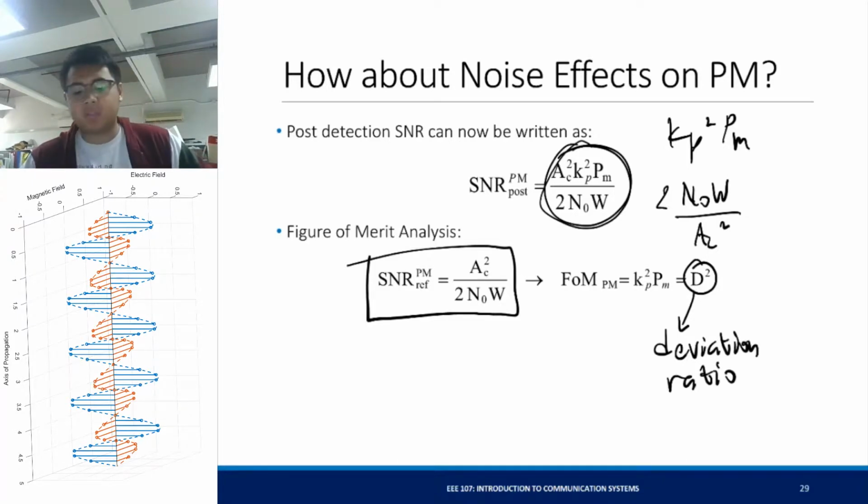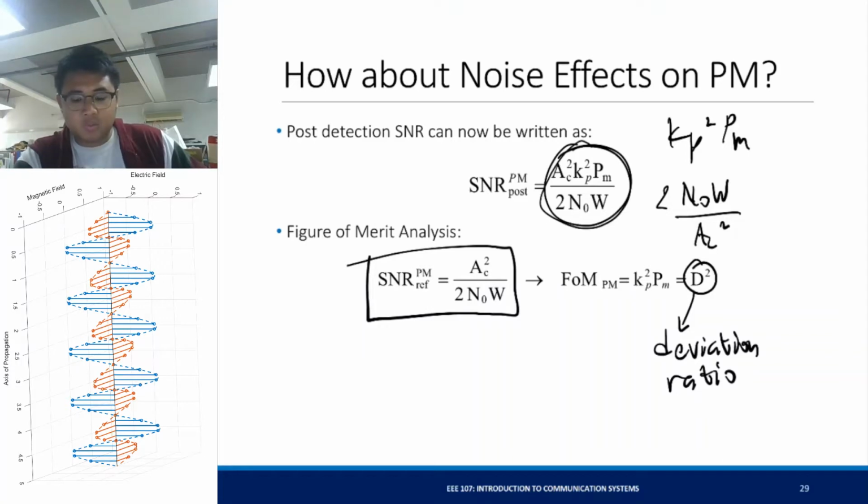And the same effect applies on FM or on PM. If you have a higher bandwidth, a higher deviation ratio, then you have a more superior noise performance according to the figure of merit. So the trade-off here is that you sacrifice more bandwidth for better noise performance.